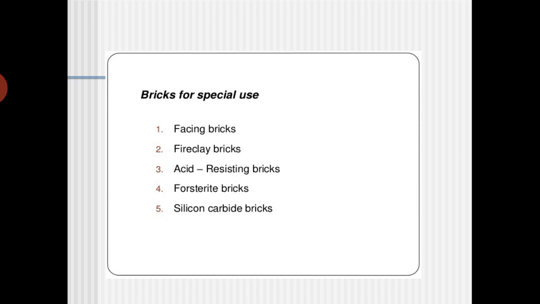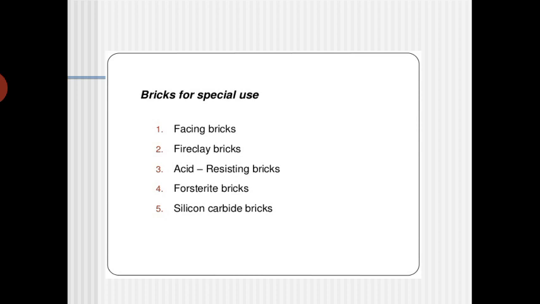Then silicon carbide bricks. So silicon carbide bricks, these are all a special type of bricks used for the applications especially in case of nuclear power plants. These silicon carbide bricks are specially preferred in nuclear power plants where you can expect many radiations will enter through the walls.